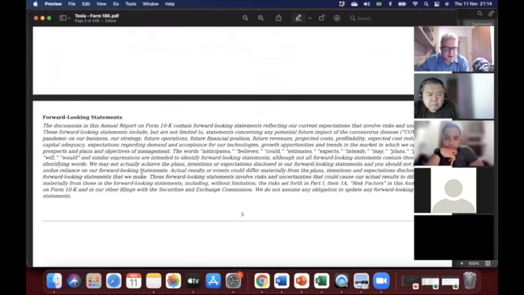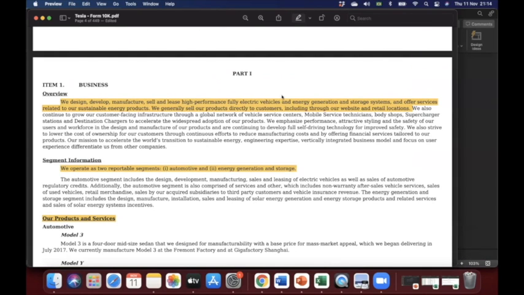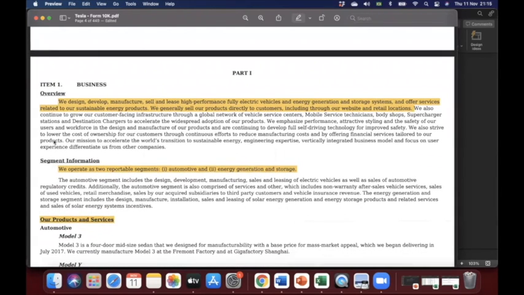So let's take a look here at the business part, just for you to have an idea of how things work. So they give an overview, and I will just read a small part of it here, just for you to understand what kind of information is listed here. So we design, develop, manufacture, sell, and lease high-performance, fully electric vehicles and energy generation and storage systems.